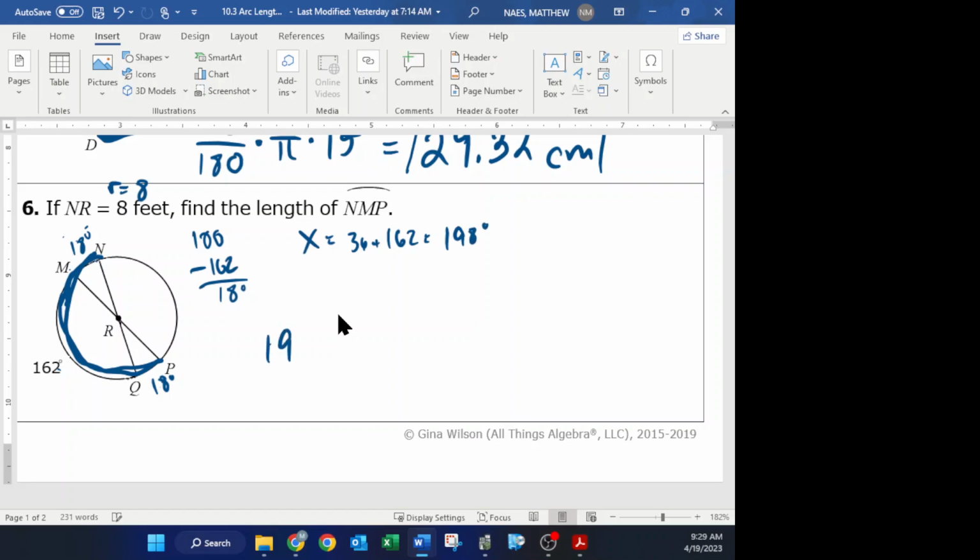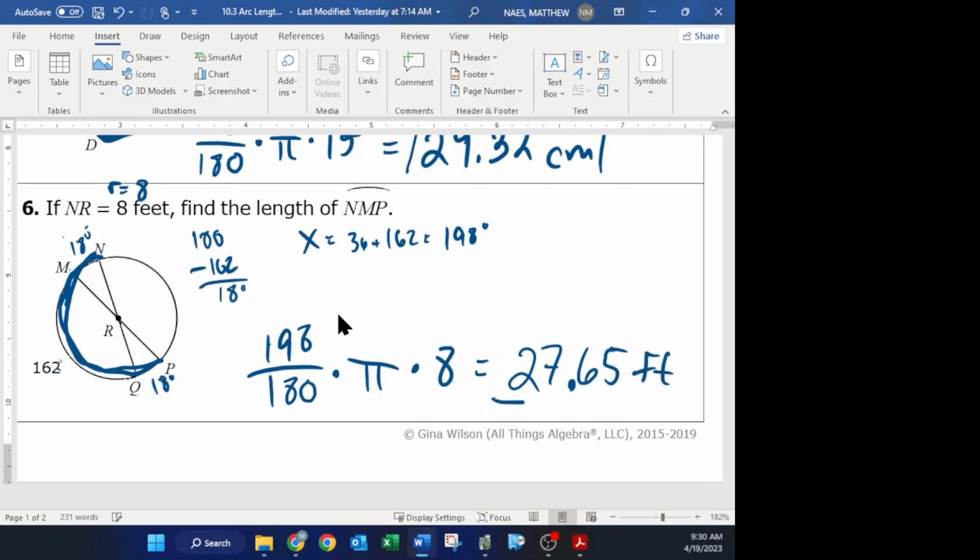So 198 over 180 times pi times the radius 8. And that gets you 27.65, and that's in feet.